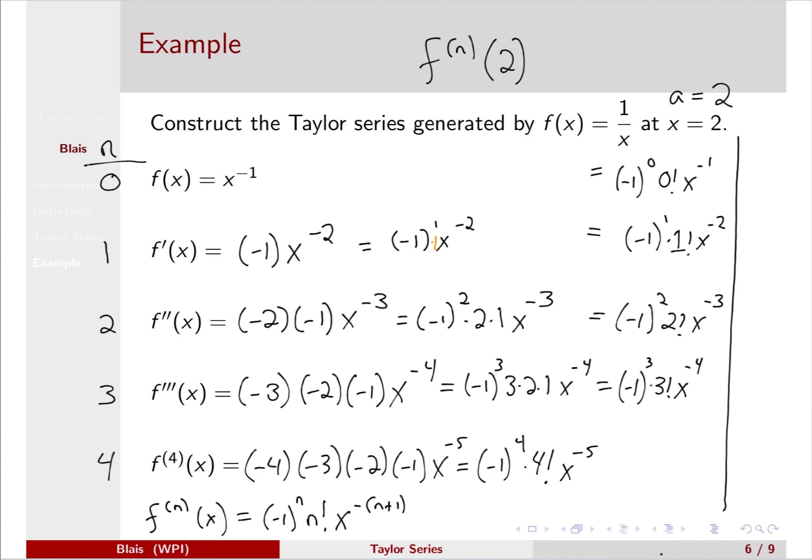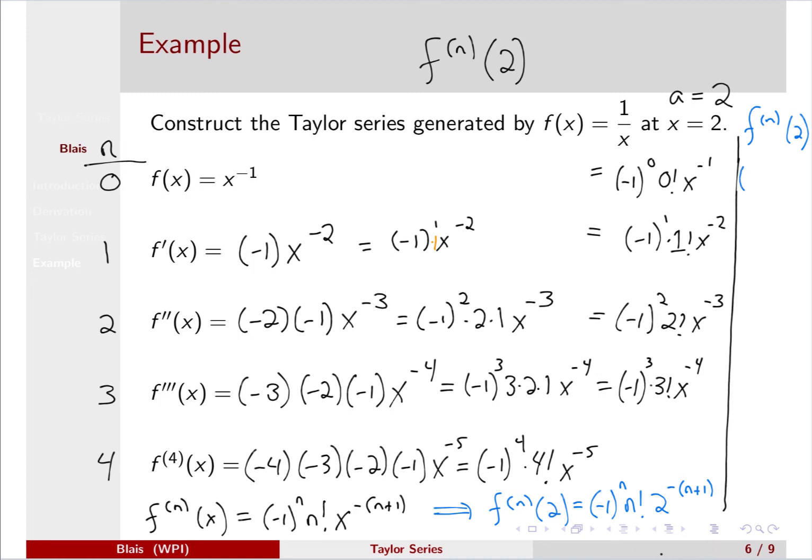But recall, that's not quite enough because we have to evaluate each of these derivatives at 2. So we can say the nth derivative of f at 2 is minus 1 to the n times n factorial times 2 to the negative n plus 1. And we can make a column here where we can evaluate each of these derivatives at 2, just to see how this works out.